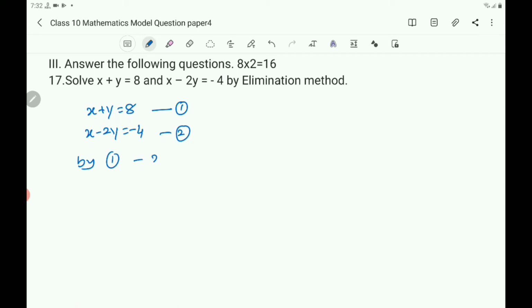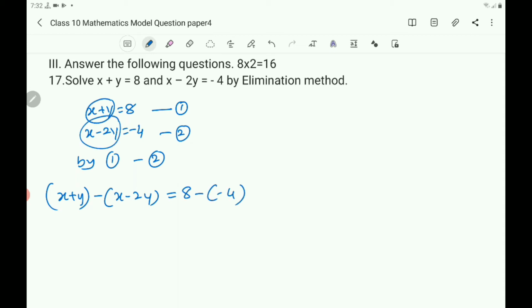First minus second: x plus y minus x minus 2y, LHS minus LHS, 8 minus minus 4.